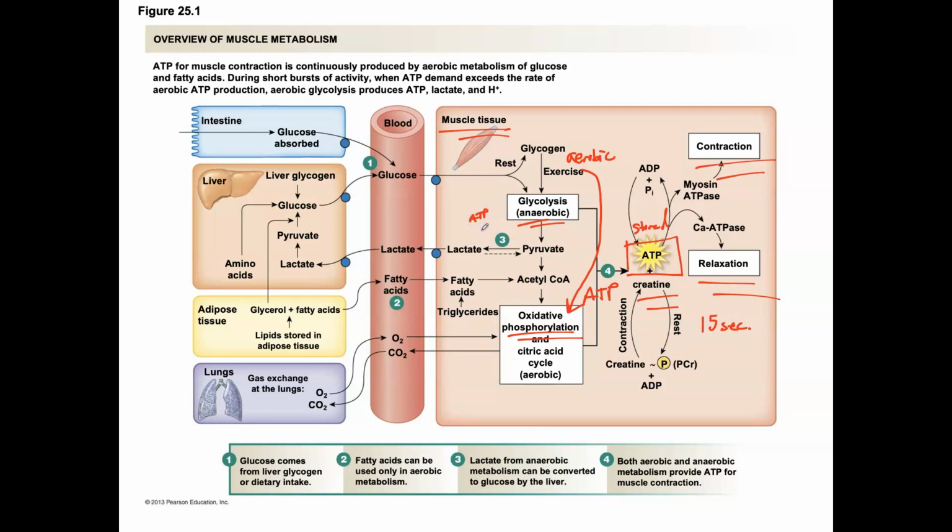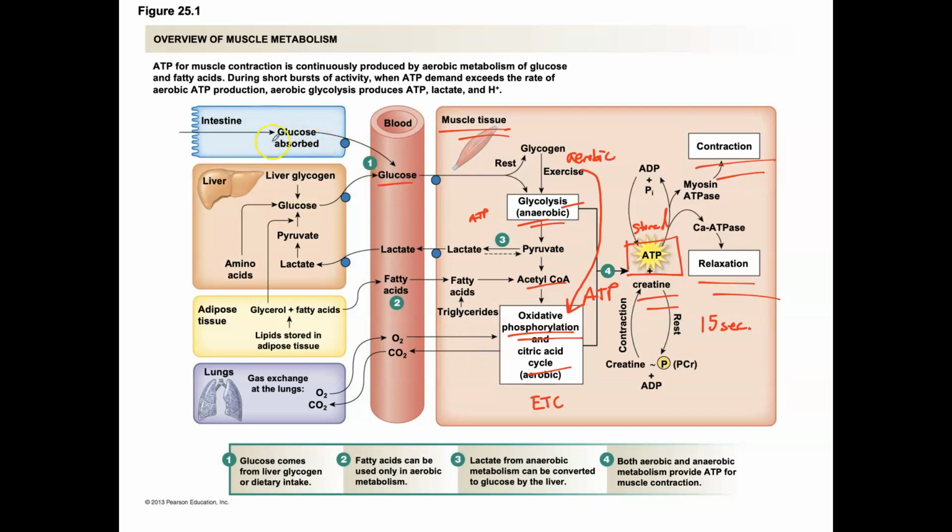So if you want to have long endurance, you need to stay in oxidative phosphorylation and use the full glycolysis, transition reaction to acetyl-CoA, the citric acid cycle, and the electron transport chain. That's going to give you your maximum ATP. In order to sustain that, we need a supply of glucose.